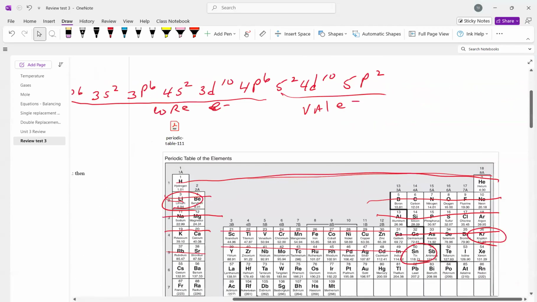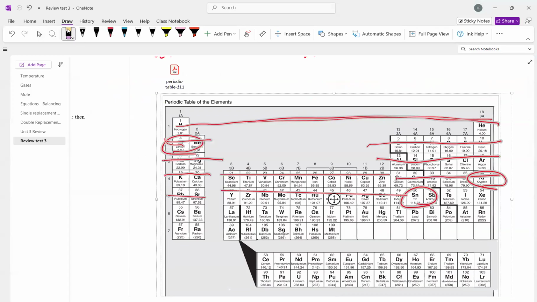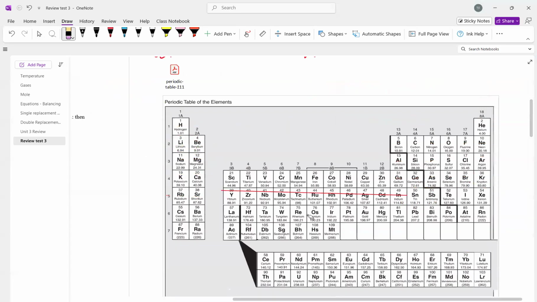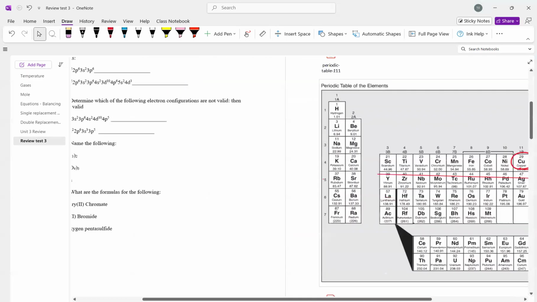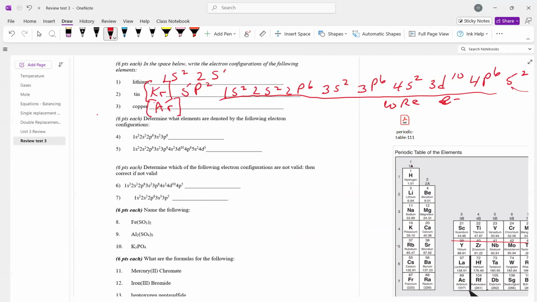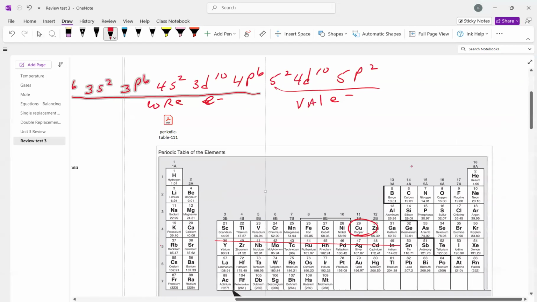Okay, and copper, where's copper? Copper's right over here. Let's get rid of some of this stuff here. Oh, that's in the D's, the 3 D's. So we're going to say AR. Let's do the simple one first. So argon is the nearest noble gas, up one, over here.